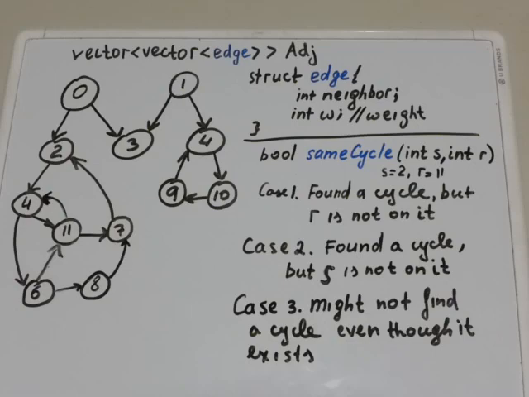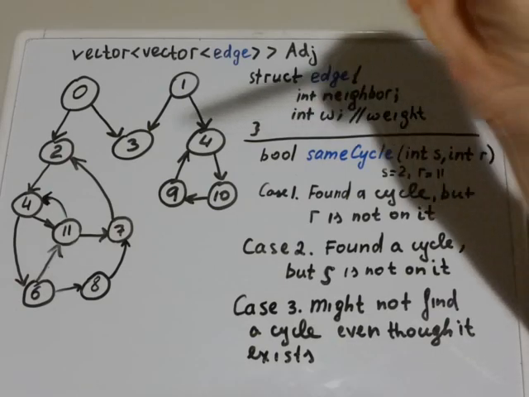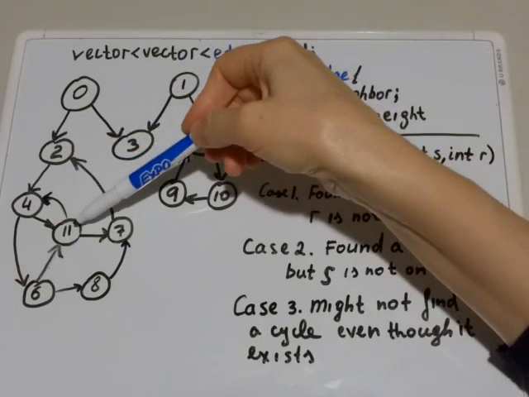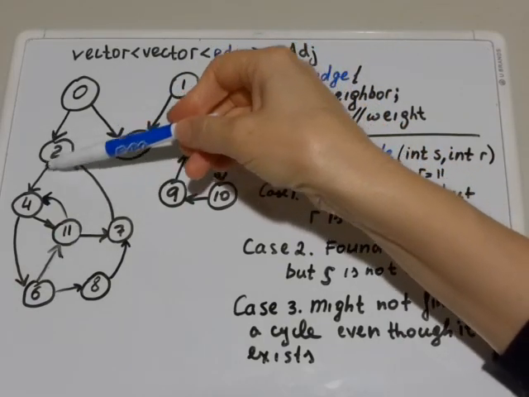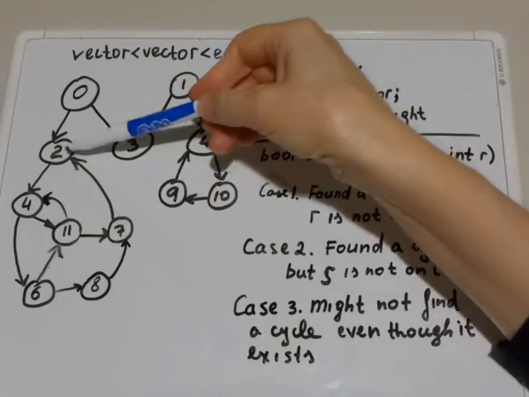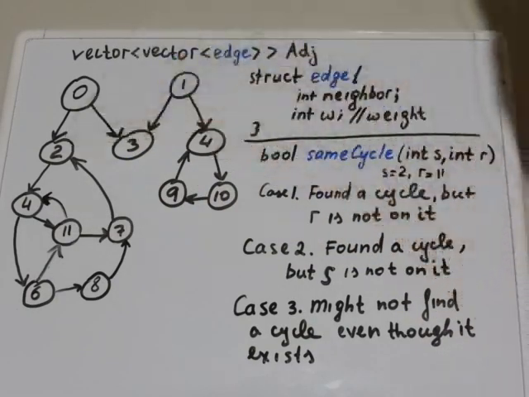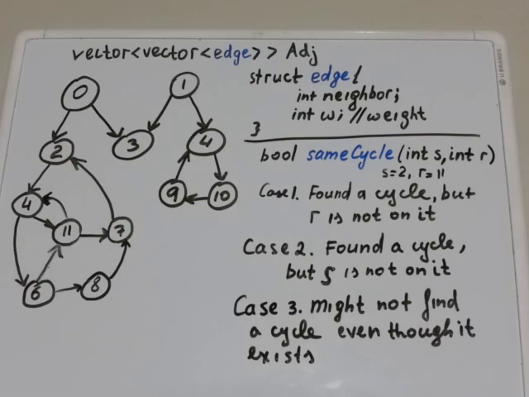So if we are given, for example, s equal to 2 and r equal to 11, then because there is a cycle on which these two nodes lie, this algorithm should return true. Whenever we talk about cycles, cycles are easily recognized when you run DFS. In some cases you do not need to run the entire DFS, you only need to run DFS visit.